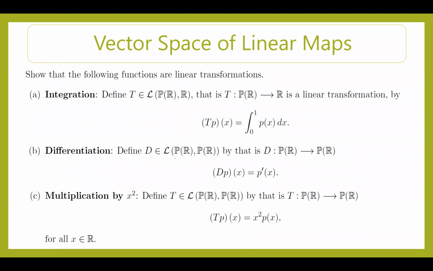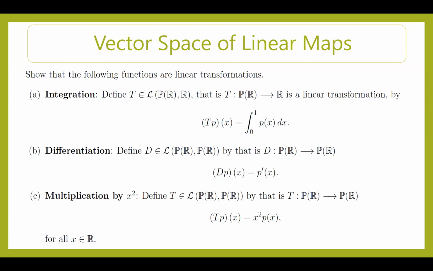The same thing with differentiation. If we just take a function from P(R) to P(R), from the set of polynomials to the set of polynomials, and define it as a derivative. Clearly, when you differentiate a polynomial, you get a polynomial, so it's not surprising that the codomain is this.